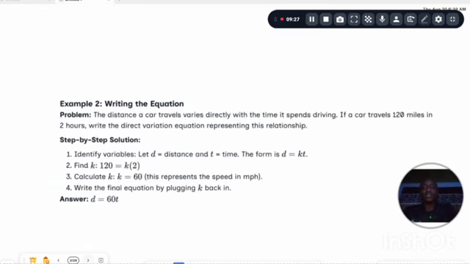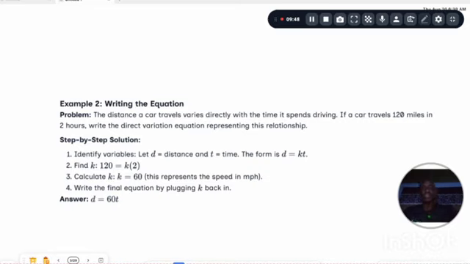So let's look at the second example, where we'll be asked to describe the relationship by writing an equation, which is also very important. Now look at this. We are told that the distance a car travels varies with the time it spent driving.